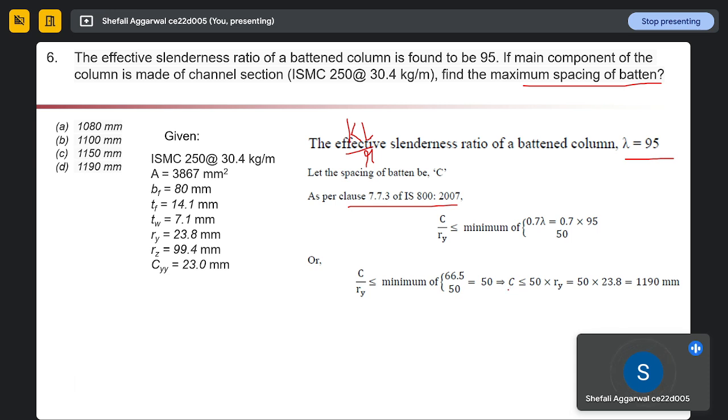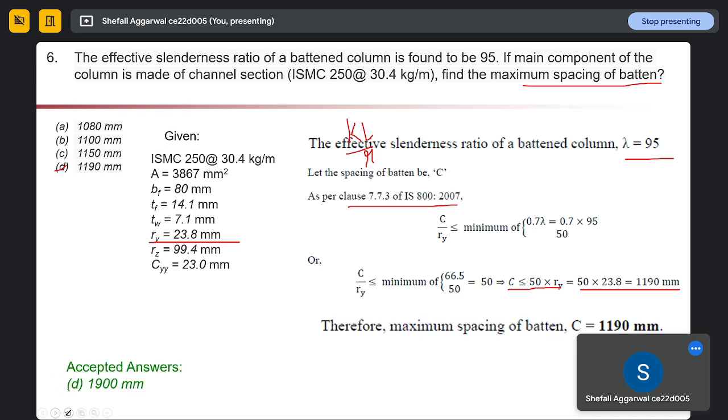So C should be less than equal to 50 into ry from here. And ry is given to us for our channel section as 23.8 mm. Using that, we can calculate our C. C should be less than equal to 1190. So the answer would be B, 1190 mm. Okay.